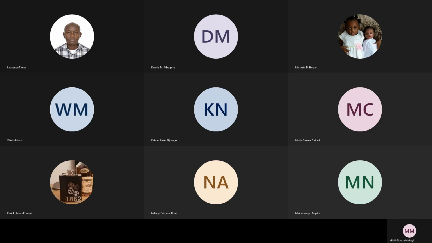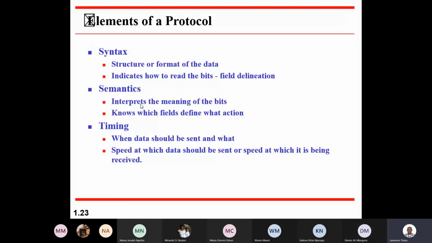So in protocols, of course, those are very important for us to check. So every protocol that you have will always have these three major elements: the syntax, the semantics, the timing of that particular protocol, and of course, the timing here will give you, for example, the data sent and also the speed and even the timing for it to have occurred.